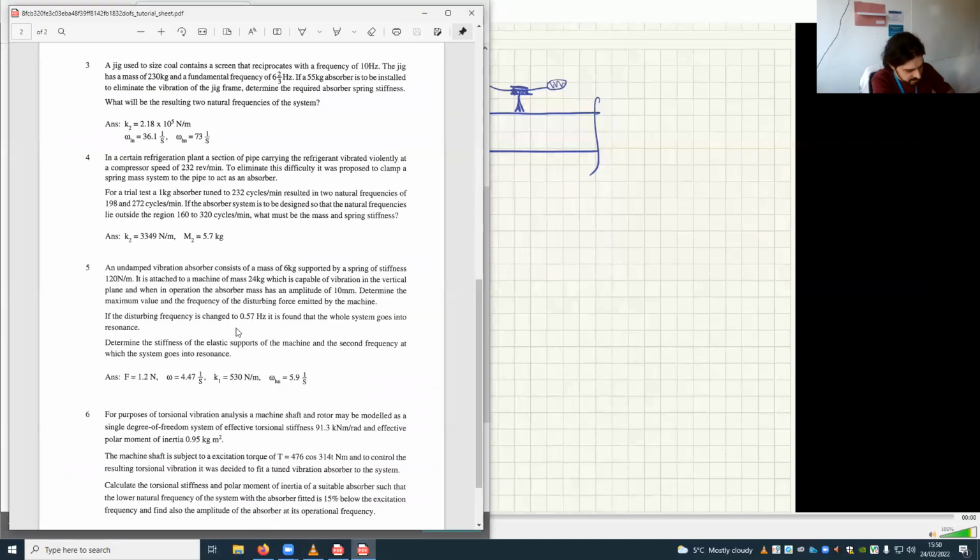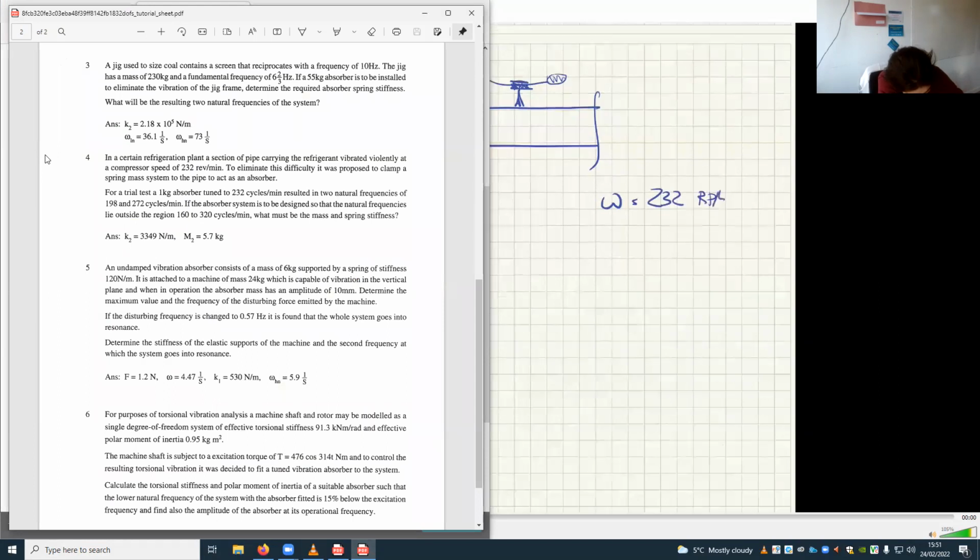So we know that this goes awry at omega, sorry, not omega 1n. This is omega only, because it's the driving agent: 232 RPMs. Then we have a trial test.